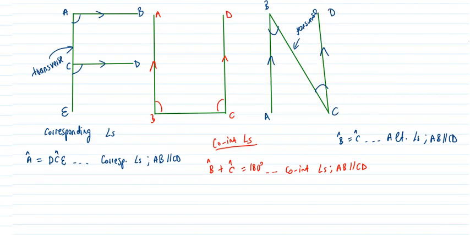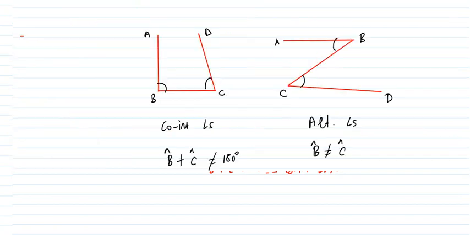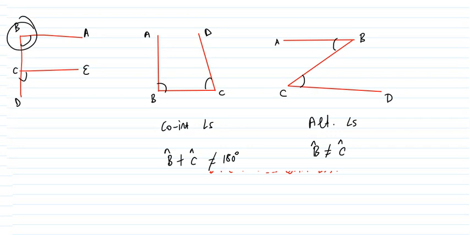Similarly, good people, if I draw for you here an F shape, and then I tell you that this is A, B, C, D, E. Then I tell you that here are your two angles. Are this angle and that not corresponding angles? Well, they are corresponding angles because they correspond indeed.